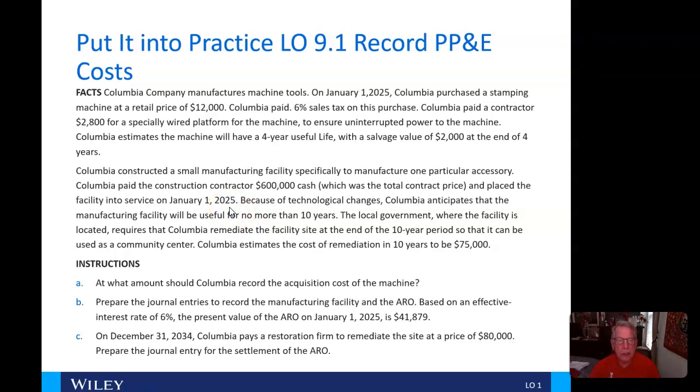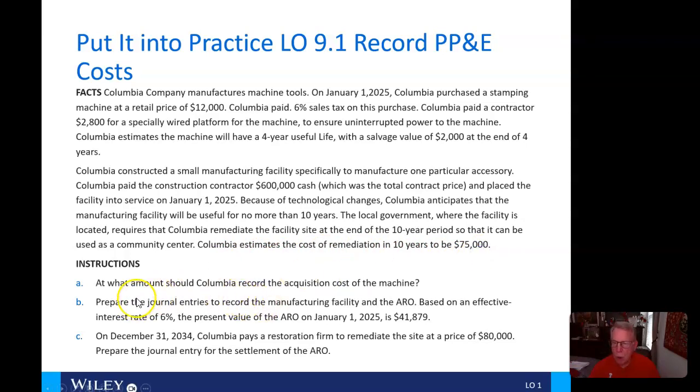Because of technological changes, Columbia anticipates that the manufacturing facility will be used for no more than 10 years. The local government, where the facility is located, requires that Columbia remediate the facility site at the end of the 10-year period so that it can be used as a community center. Columbia estimates the cost of remediation in 10 years to be $75,000.